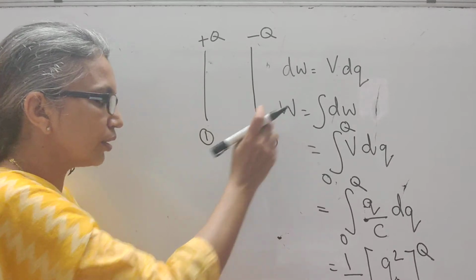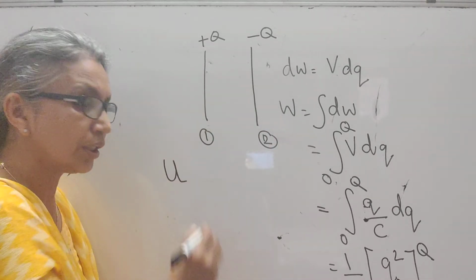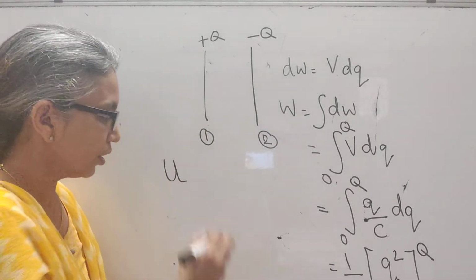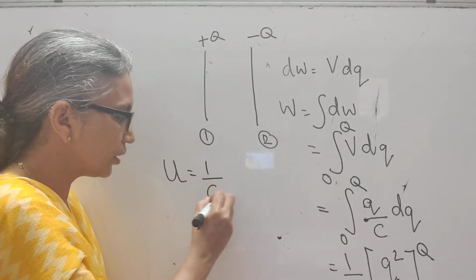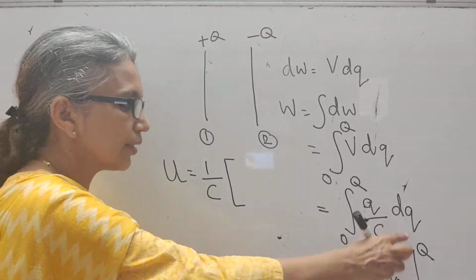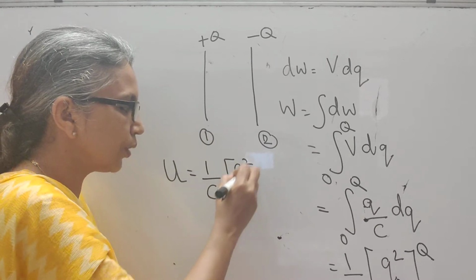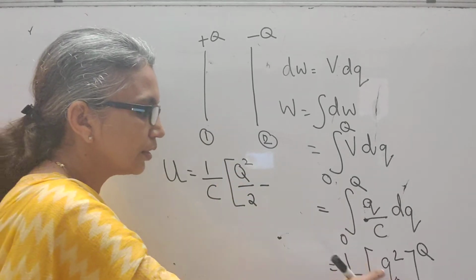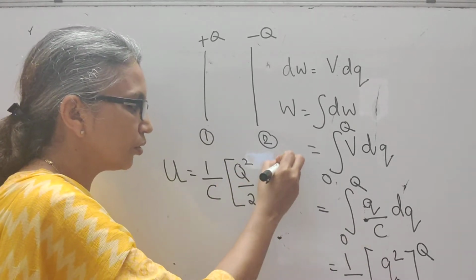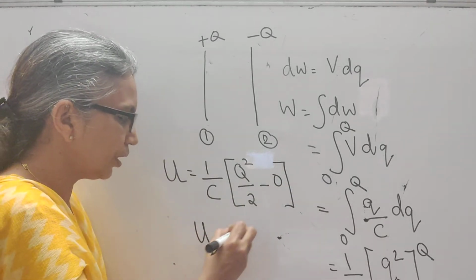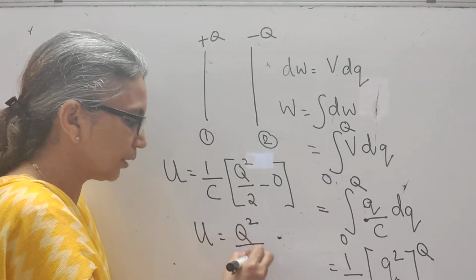This work done is stored as potential energy denoted by the letter U. So this is equal to 1 by C bracket, q square by 2 minus 0, and our final equation is U equals Q square by 2C.